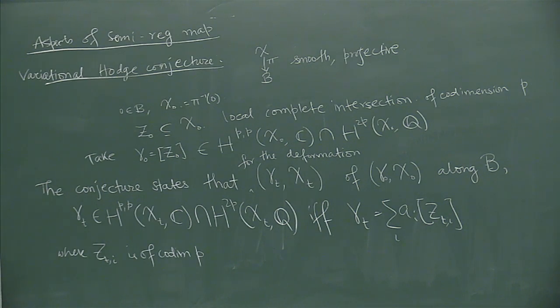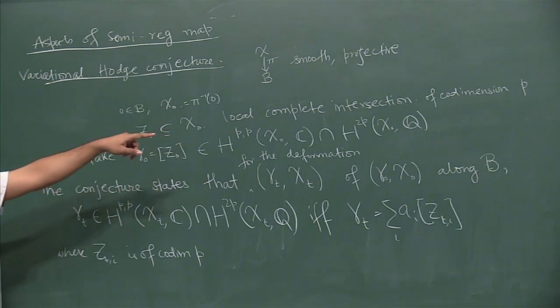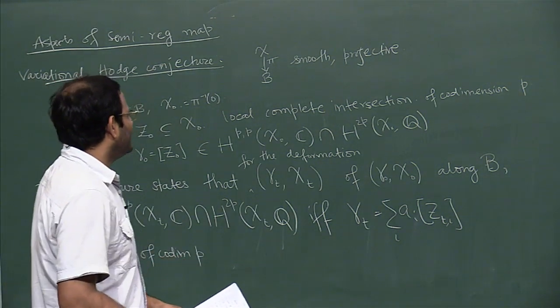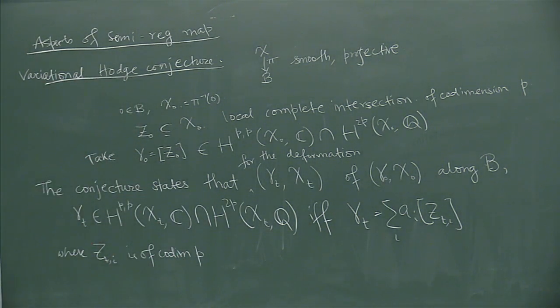The original statement is for any subvariety; I am just restricting to this case because we are going to look at this local complete intersection.